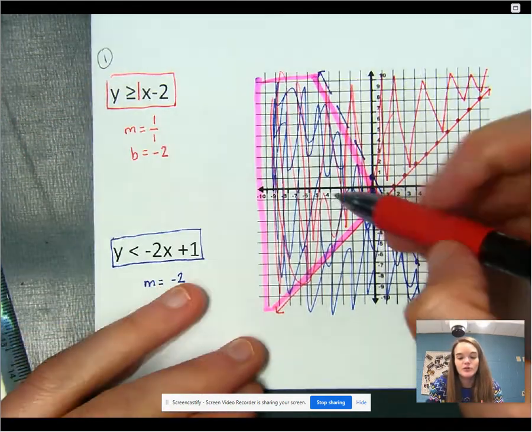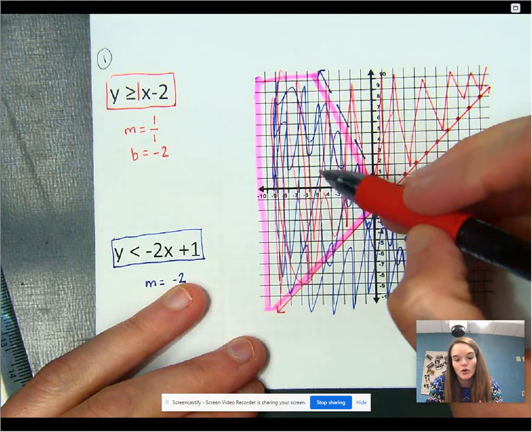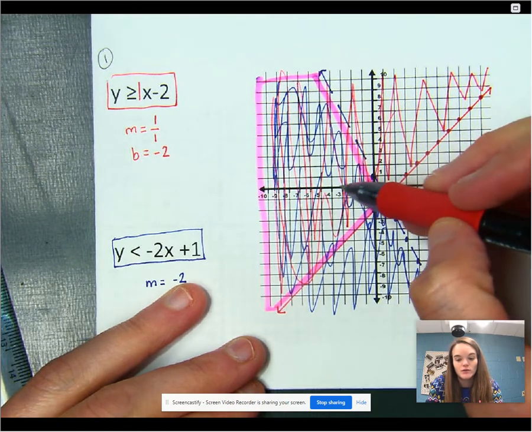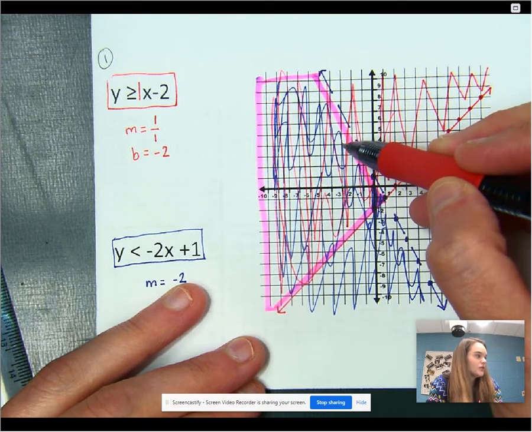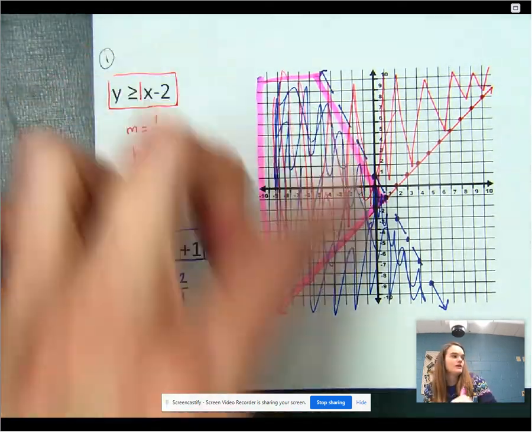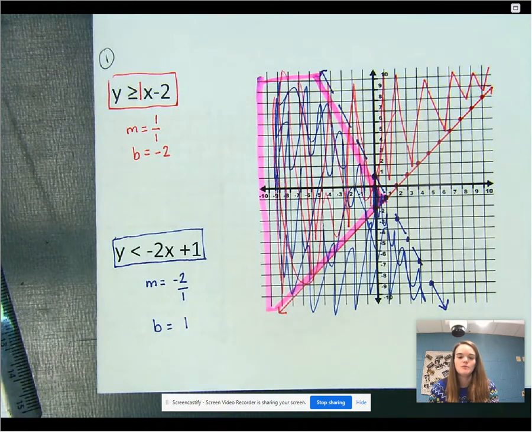So any of these points, negative 4, 0, or negative 3, 4, is a solution. Anything in this area is a solution to this problem. All right, we're going to open this up and do number 2.